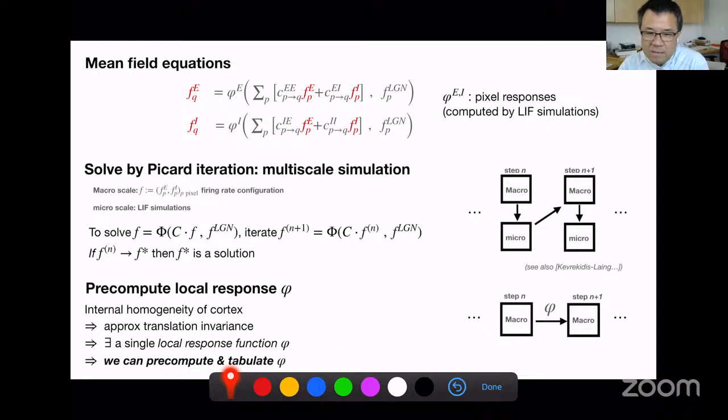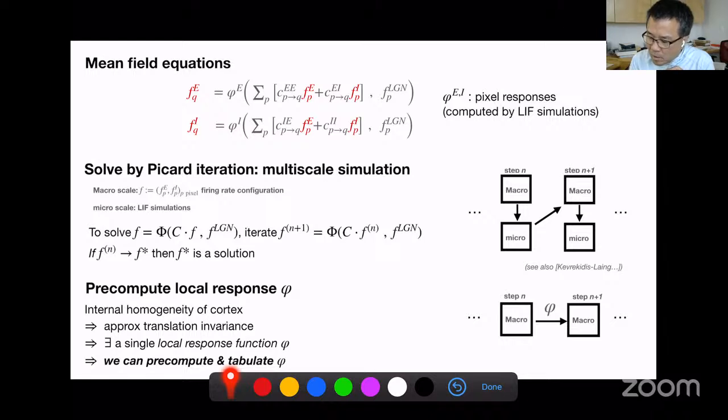It's in a certain sense approximately translation invariant, and the thing that really distinguishes the variety of response in space and time that we see is the way external stimuli are applied into the cortex.